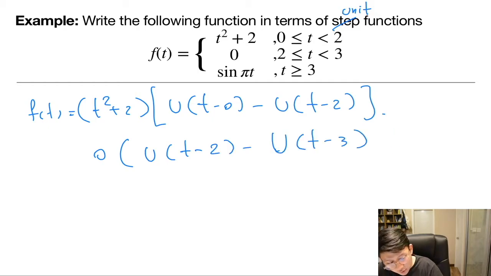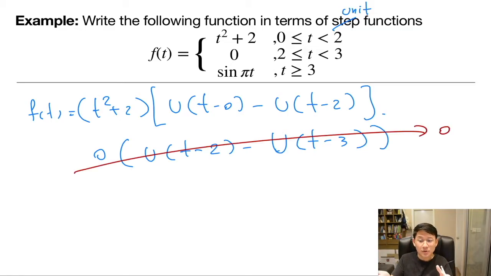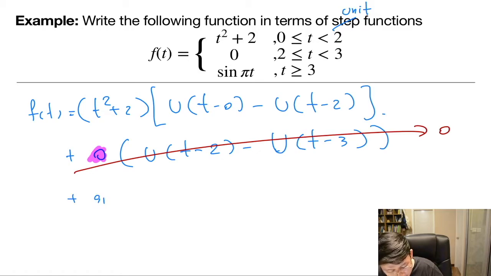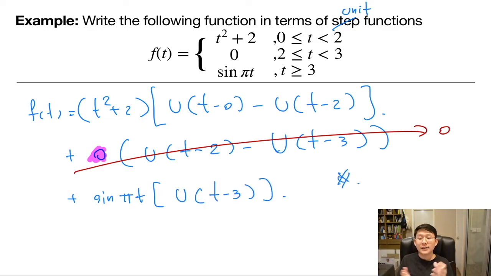Actually, this one you don't need to write down because it's still 0, but I want to write it down because I want you to understand how to define the function. It's always 0 because it's multiplied by 0. And the last one would be plus psi(πt) times u(t − 3), and that's it. That is how you define a function in terms of unit functions. Good?